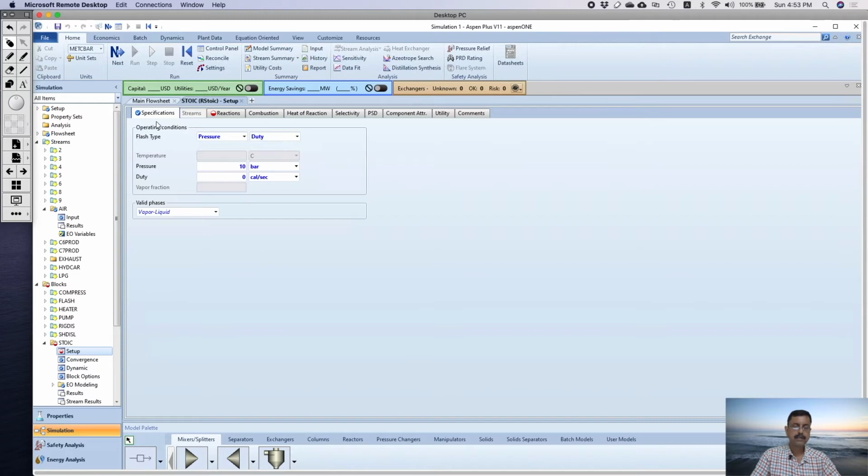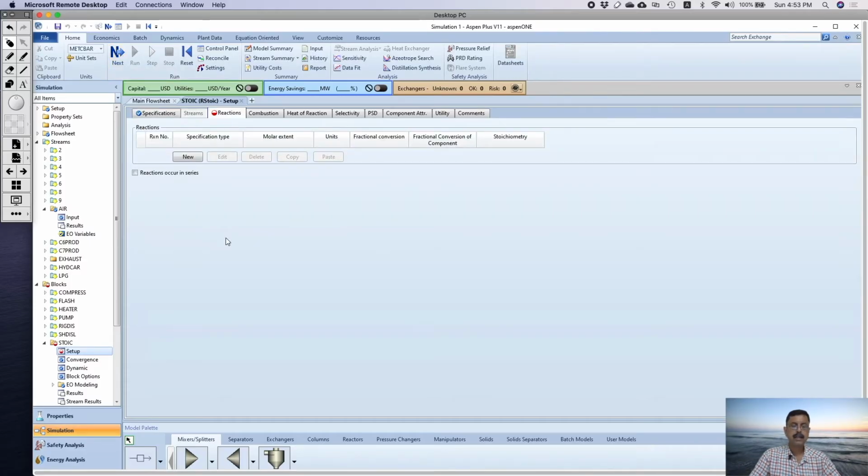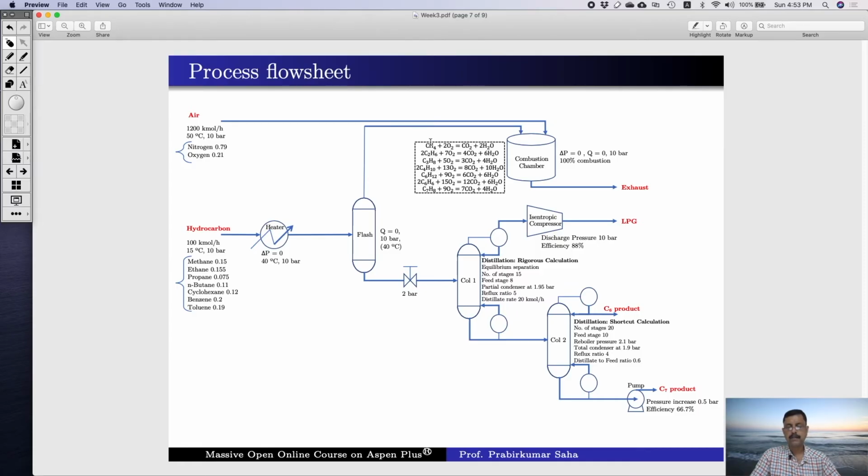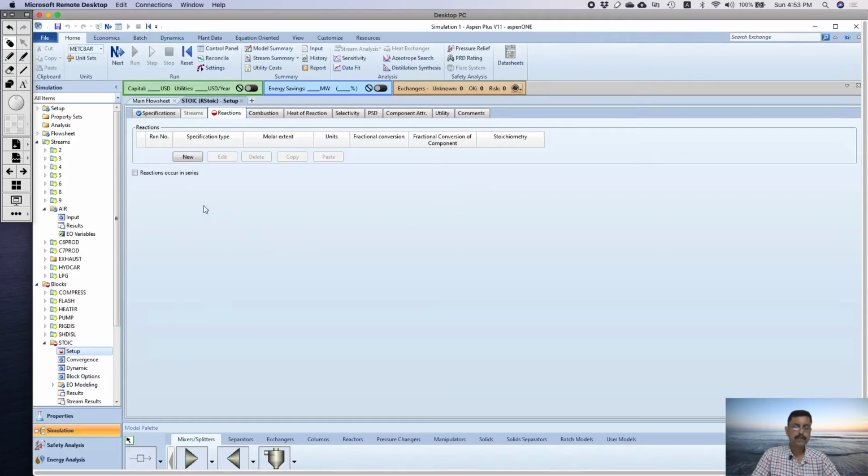Now specifications are there. We go to next, reactions. Here you have to add the reaction components. These reactions you have to add in. I will tell how. You have to first say new.